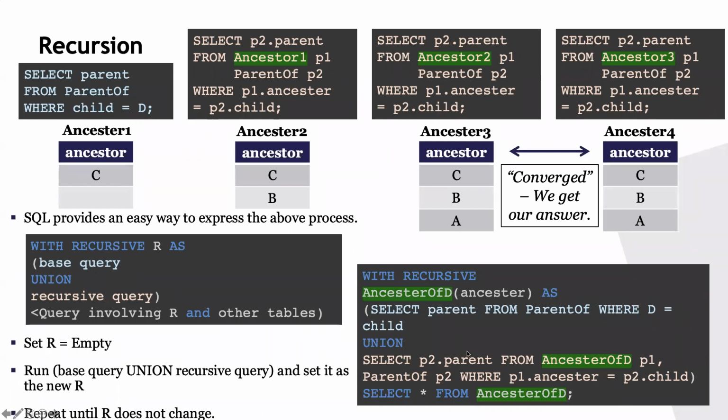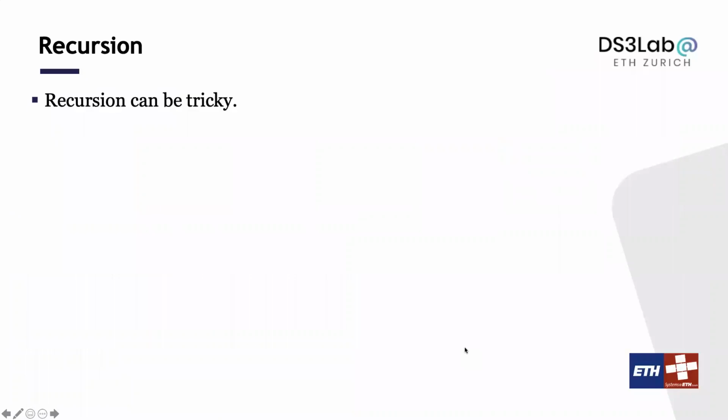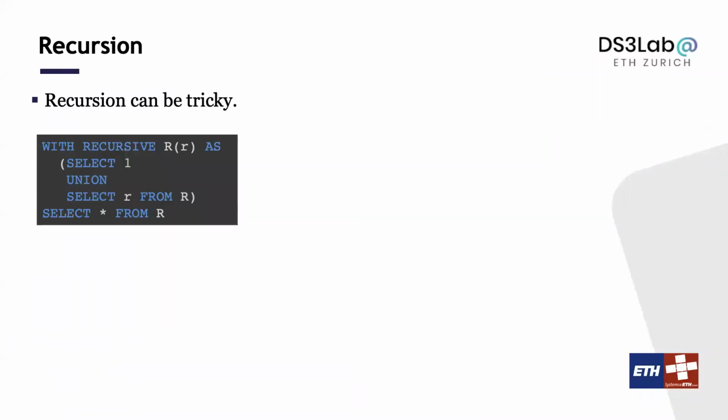Okay, so now let's look at some examples, because recursion can be pretty tricky. Let's look at this very, very simple example. You have a recursive relation R with a single attribute R, and the query is: select 1 union select R from R, and then at last you select star from R. So let's think about the process of the database answering this query.